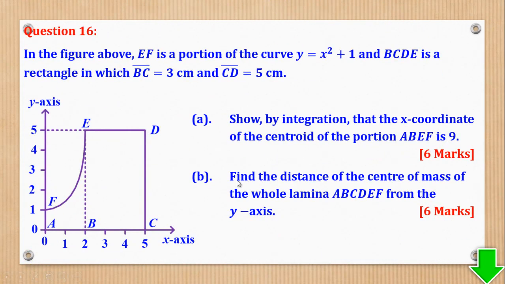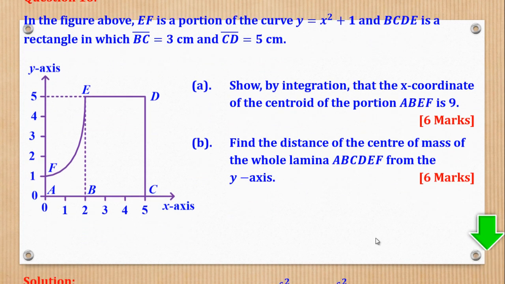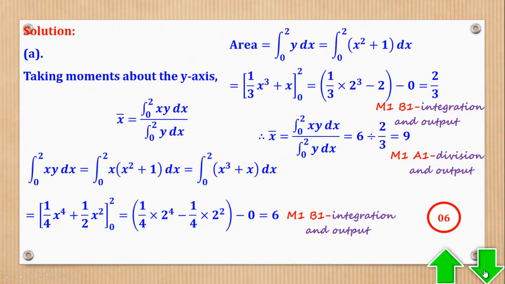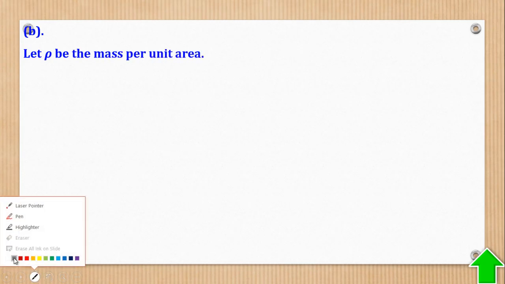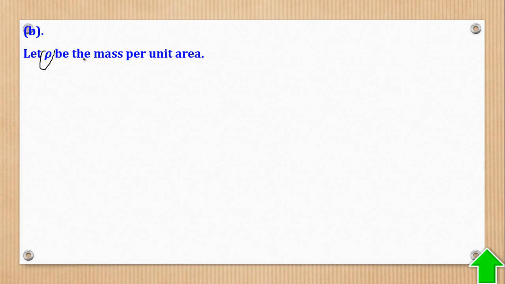That was part A. Part B says find the distance of the center of mass of the whole lamina ABCDEF from the y-axis. So they want the x-coordinate. Because they ask for center of mass, let rho be equal to mass per unit area. We're using area because the given figure is a lamina.